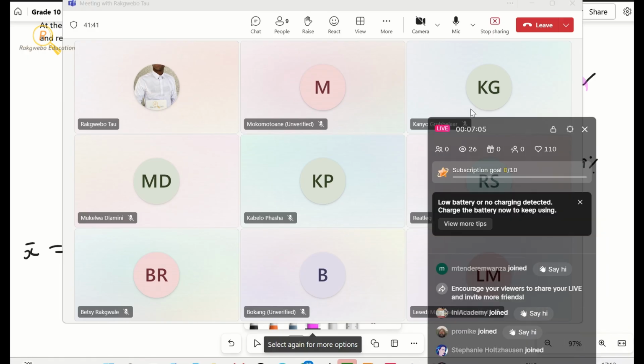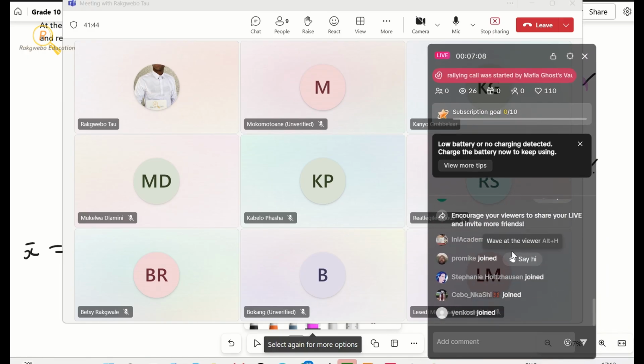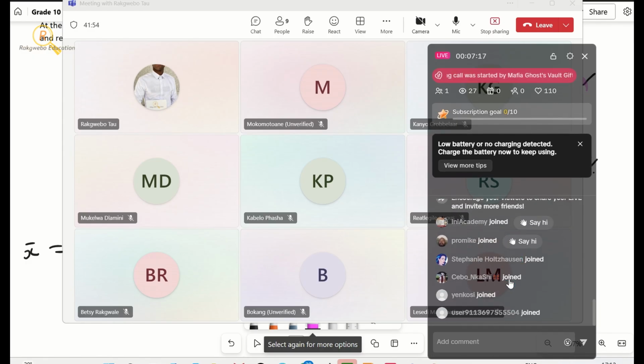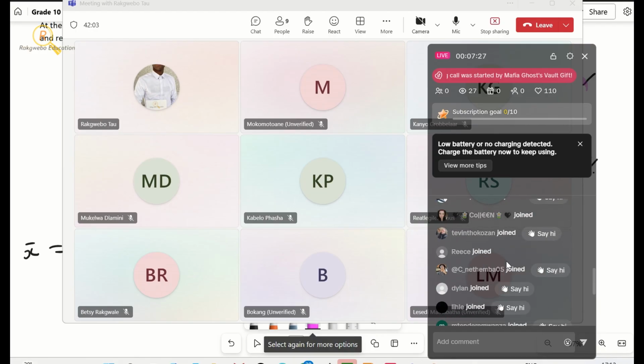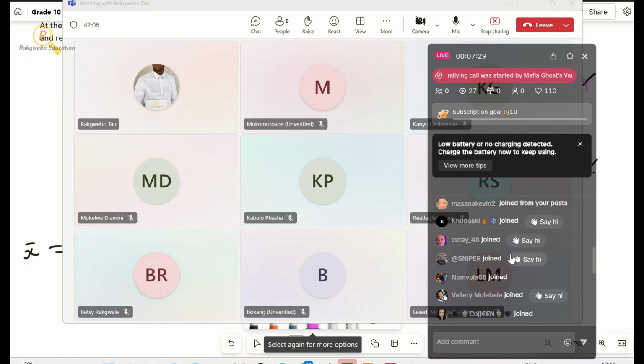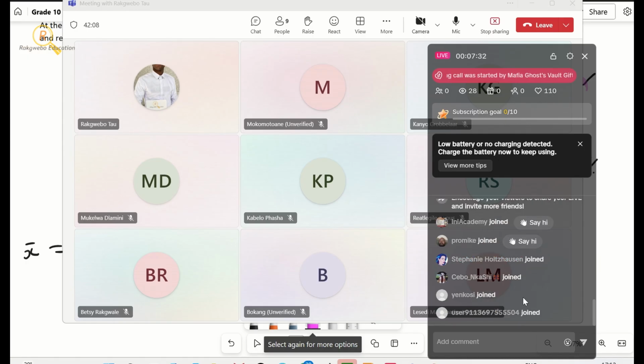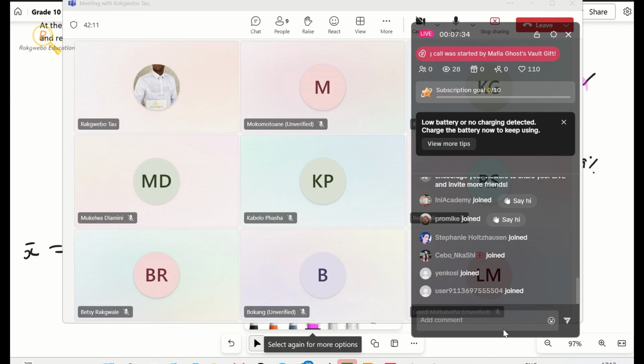Yes, proper stuff. I just want to confirm on TikTok, ne? Does Yenkosi see? Do you see the screen? Do you see where I'm working? Yenkosi? Cebo, do you see? Dylan, do you see the screen? Please confirm on the comment section, just to make sure that you guys can see the screen, because if you don't, then we will just do something there.